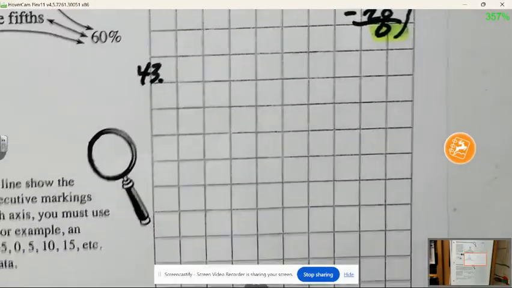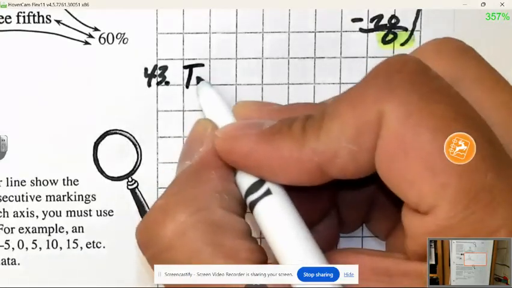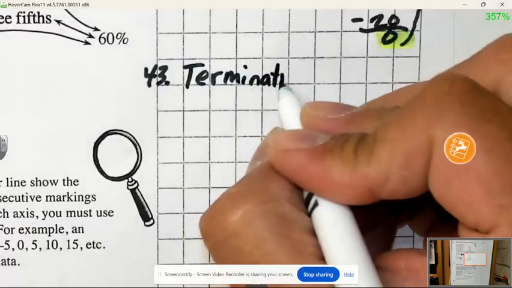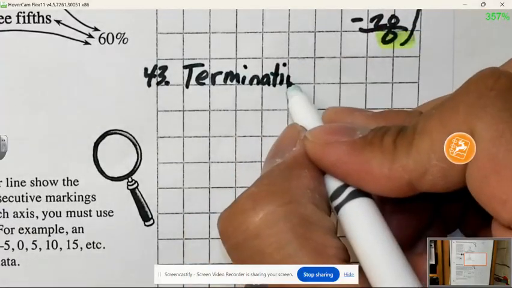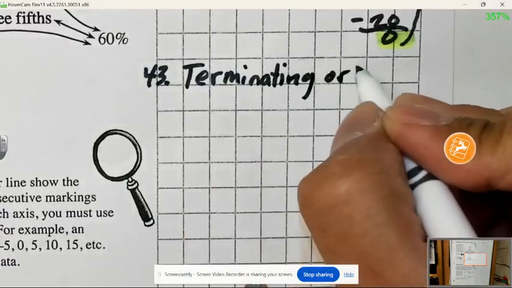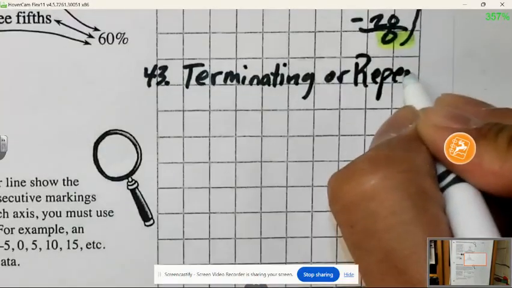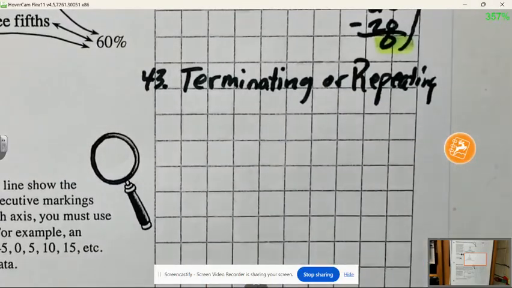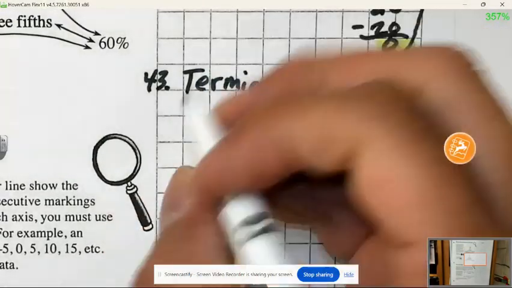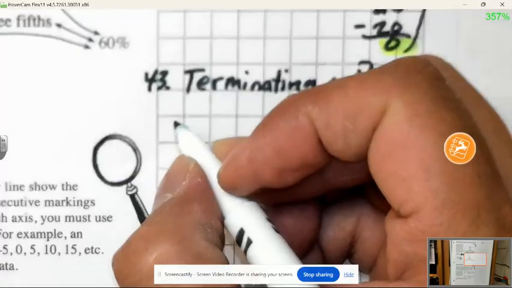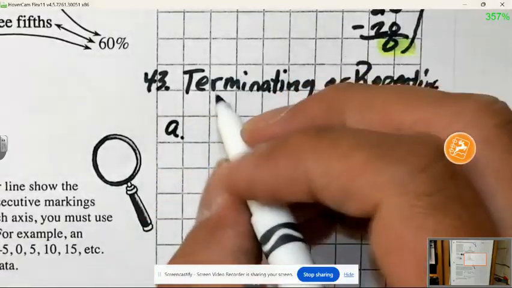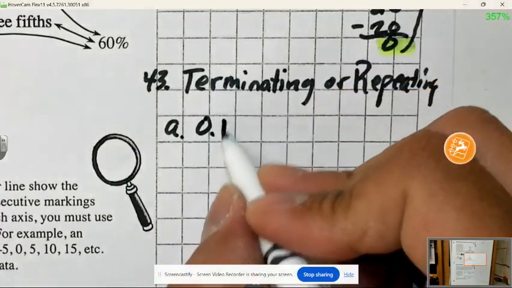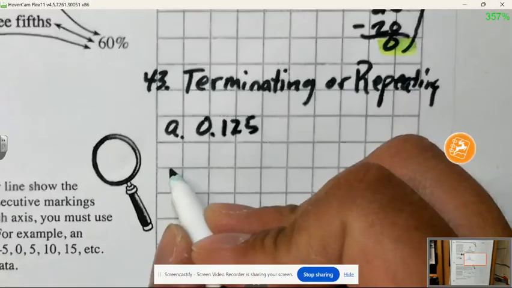Let's look at some examples and tell me, is this terminating or repeating? Our first one, A, is 0.125.